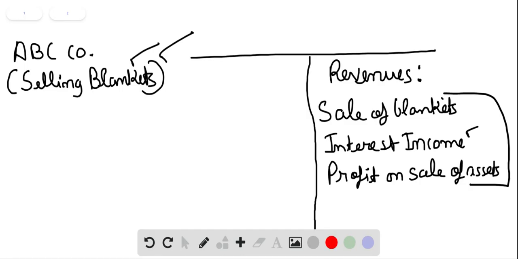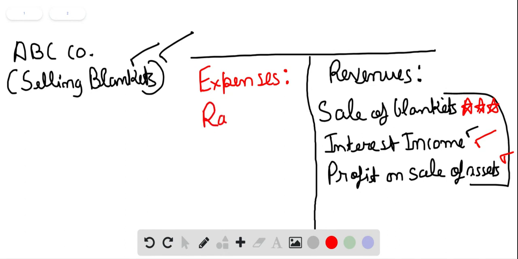However, to run the business we have to incur many expenses. So I have written the items on the basis of their priority. The revenue from the sale of blankets is on the top priority, and accordingly, 2 star for interest income, 1 star for profit on sale.